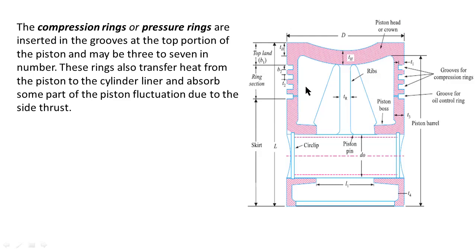The number of piston rings depends upon the size of the piston. These rings also transfer heat from the piston to the cylinder liner and absorb some part of the piston fluctuations due to the side thrust.